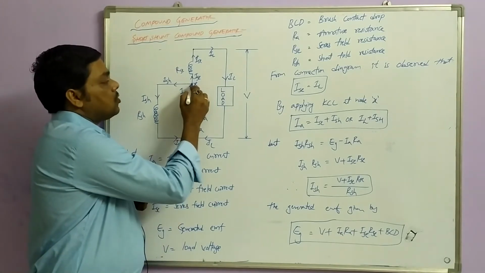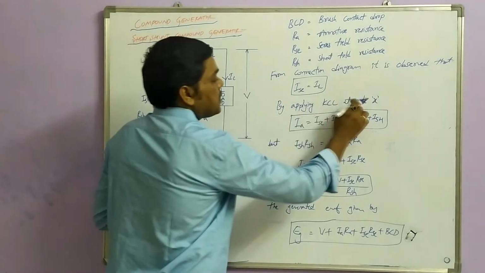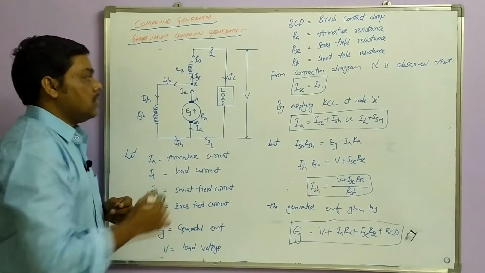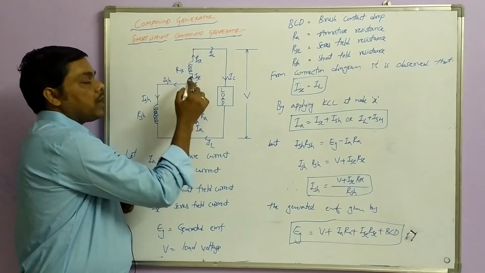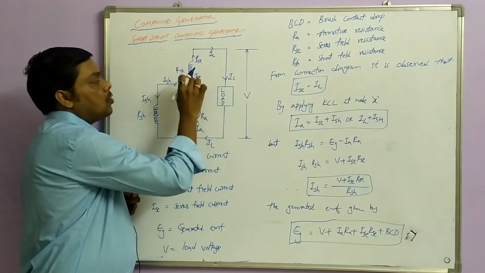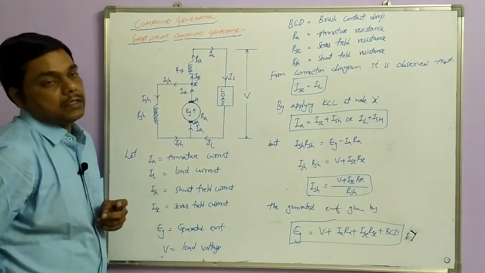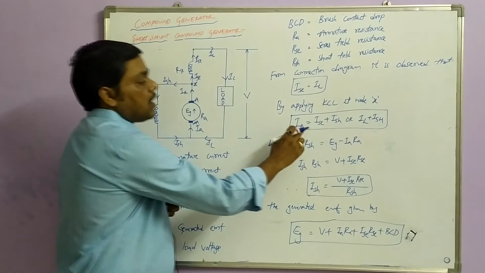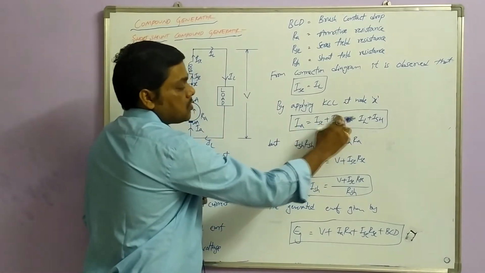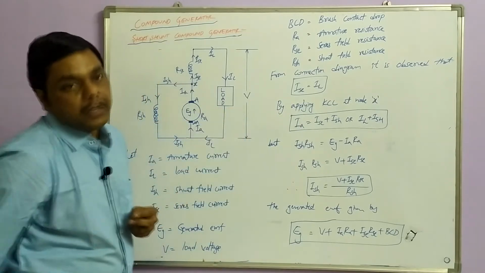Now at this node X, we apply KCL. By applying KCL at node X, what you observe is there is one entering current IA and two leaving currents, one is ISH and another one is ISC. Now entering current is equal to leaving current. So what is the entering current? Armature current, and the leaving currents are ISC and ISH.